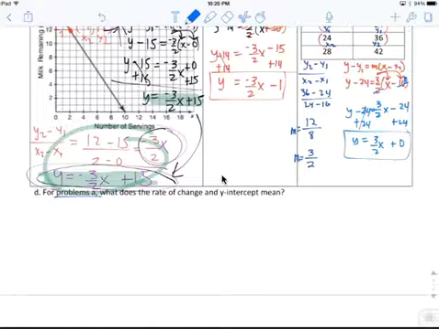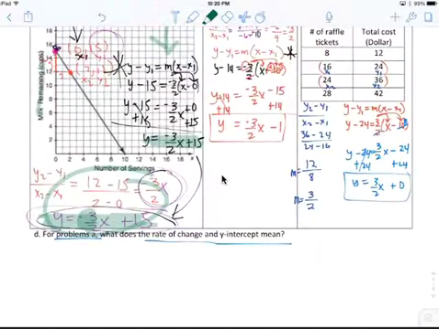For problem A, what does the rate of change and y-intercept mean? Okay, let's start with the rate of change. This is the milk remaining in cups. So this means you're down by 3 cups. This negative 3, you're down by 3 cups for every 2 servings. The 2 is for the number of servings.